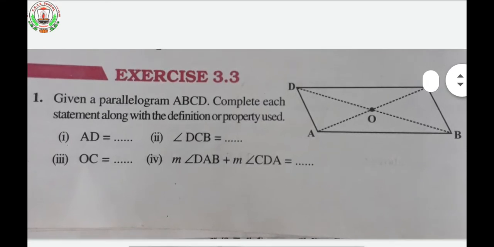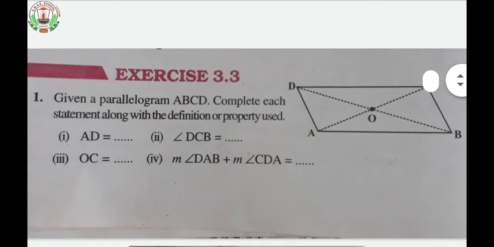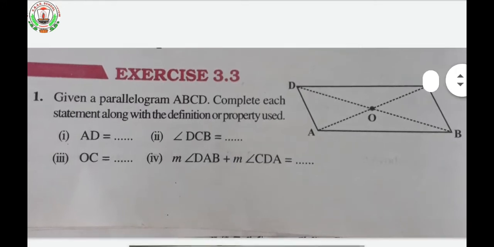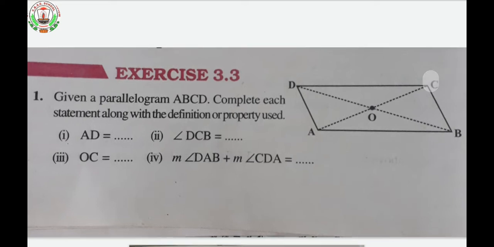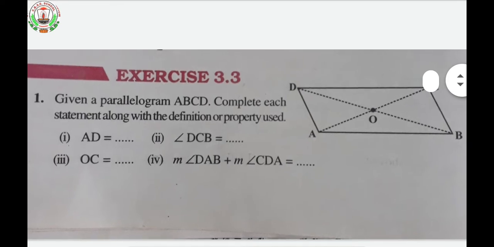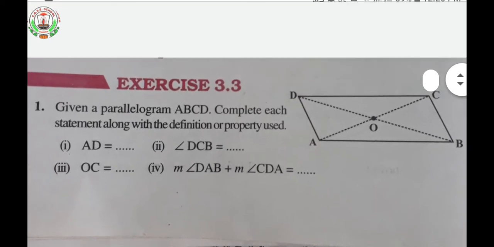So once again I am repeating what a parallelogram is and its properties. A four-sided polygon is said to be a parallelogram, isn't it? A parallelogram is a quadrilateral whose opposite sides are parallel. Suppose AB is parallel to CD, and AD is parallel to BC.